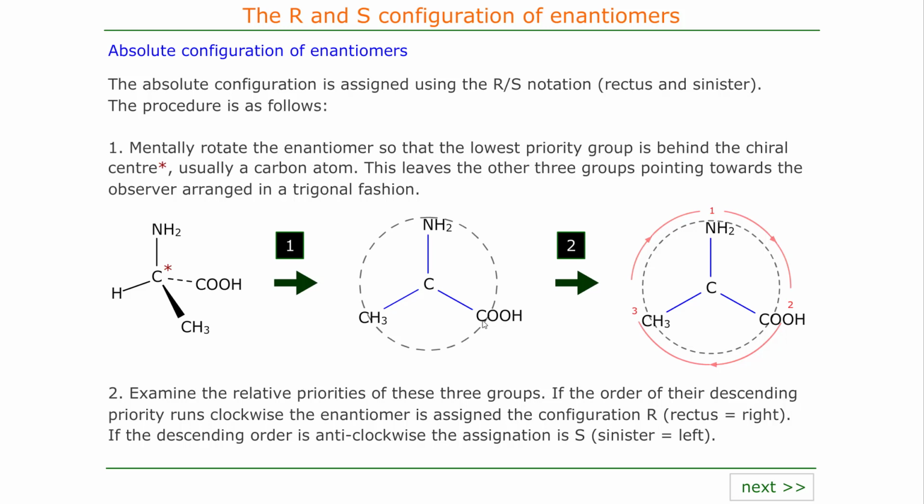So carbon is effectively attached by a double bond to one oxygen, which counts twice, and a single bond to another oxygen, whereas the other carbon is only attached to hydrogens. So the priority moves from NH2 to COOH to CH3. That gives us a clockwise rotation, and so this would be designated rectus for clockwise.